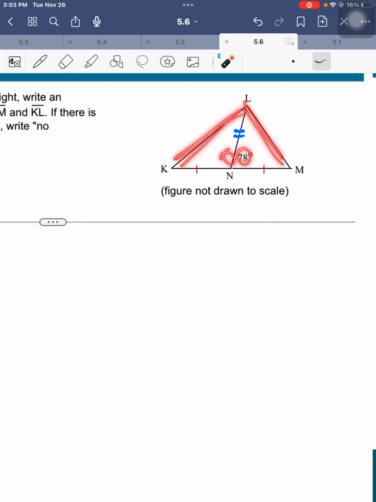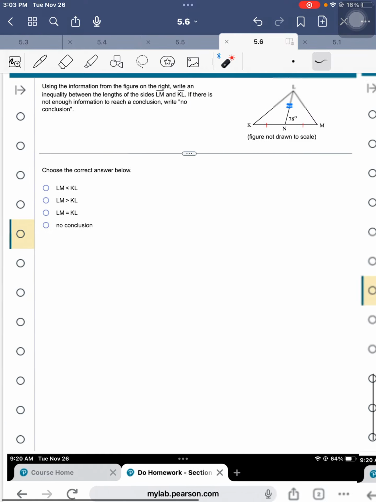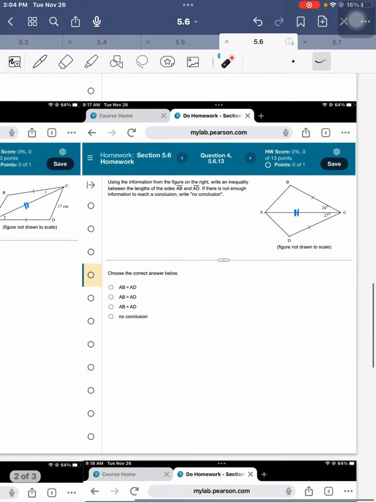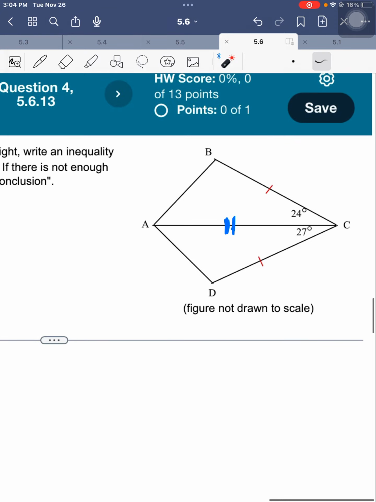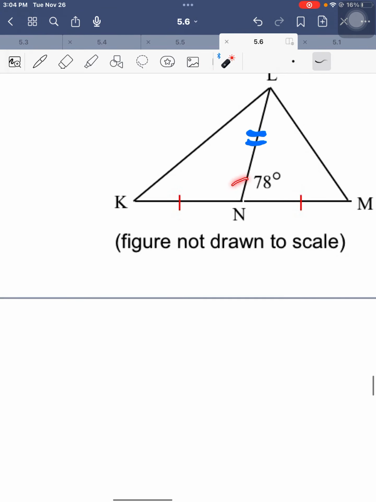You said we need at least two of the third side or two of the included angle. But I don't have this one, so I'm done. So a lot of people would pick no conclusion. And that's not true, because the same way that we inferred that LN is congruent to LN, and the same way that we inferred that this AC is congruent to this AC, all those inferences that we made, we can also make the same here to tell us what this angle is.